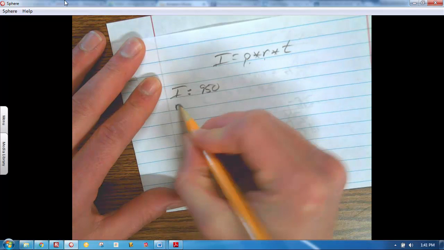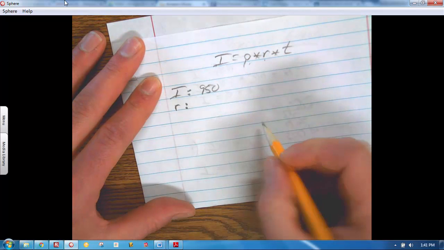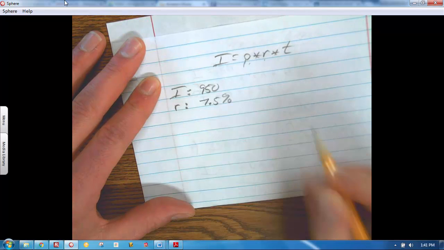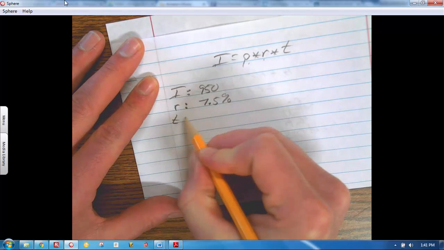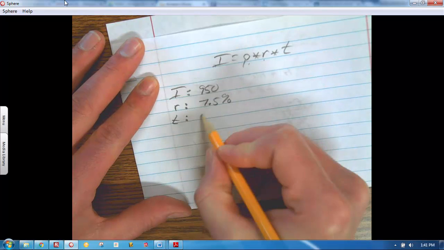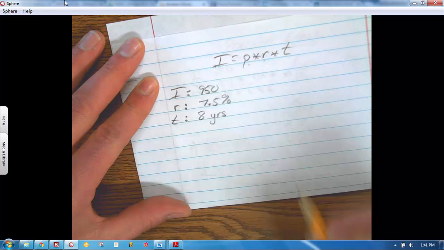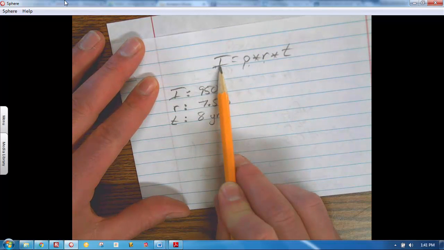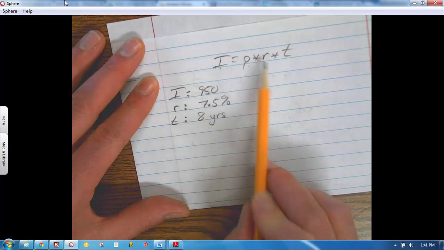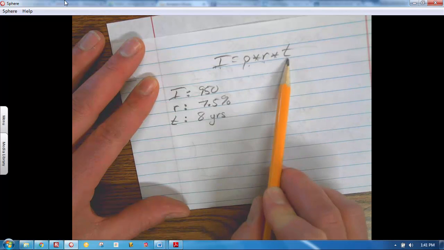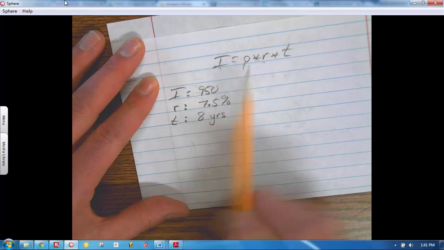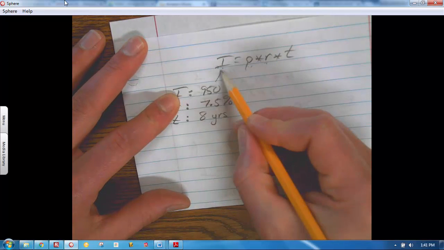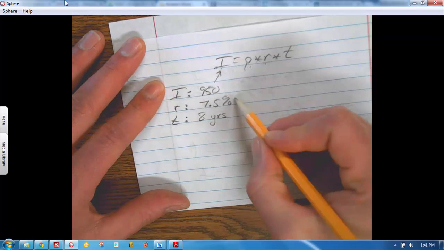That was earned with a rate of, let's say, 7.5%, and the time it took me to make that money was 8 years. Okay, so now we've got the interest earned, we've got the rate, we've got the time, and we want to know how much money did we start with.